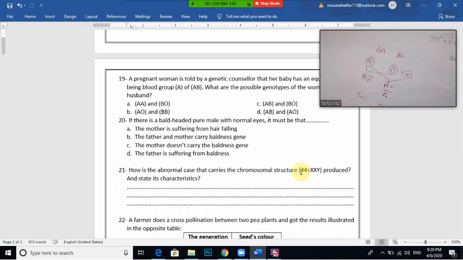The general characteristics of a male with Klinefelter syndrome: he is a sterile male because of the absence of sperm generating cells. He is also characterized by tallness. He is very tall, and he has female characteristics or feminine characteristics due to the presence of the extra X chromosome.